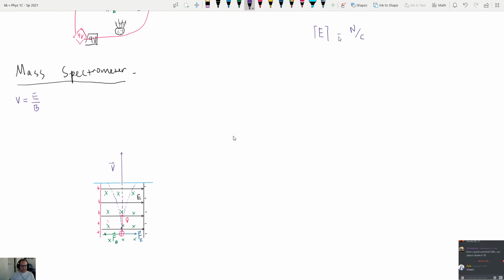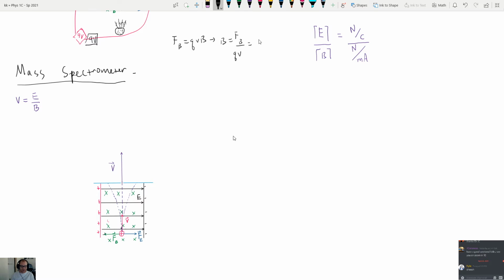Okay, that's the units of the electric field, and the units of the magnetic field, I believe, were newton divided by meter amp, I think. And we'll know very quickly if I'm wrong about this. But I think that's what it was. And again, if you can't remember this, anytime you want to figure out what the units of something are, you look at the equation, and you say, okay, well, what's B? Well, B is going to be F_B divided by QV.